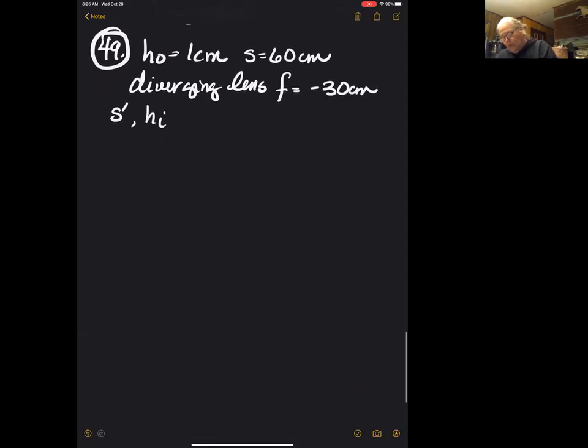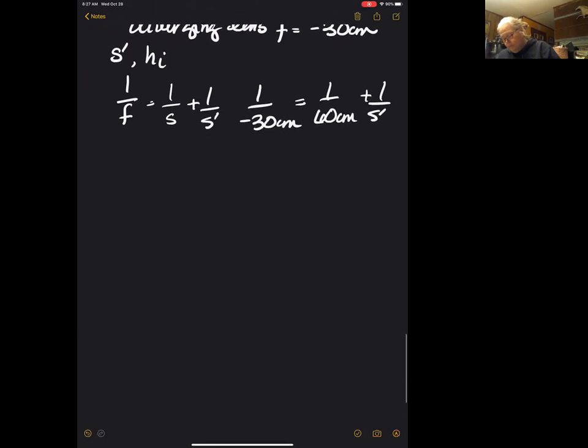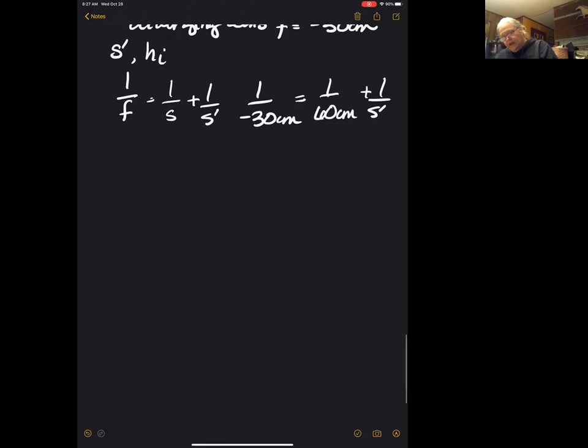Okay. So 1 over F is equal to 1 over S plus 1 over S prime again. So I've got 1 over F, 1 over negative 30, is equal to 1 over 60 plus 1 over S prime. Again, I'm going to find the common denominator because it's easier than putting a bunch of numbers in my calculator.